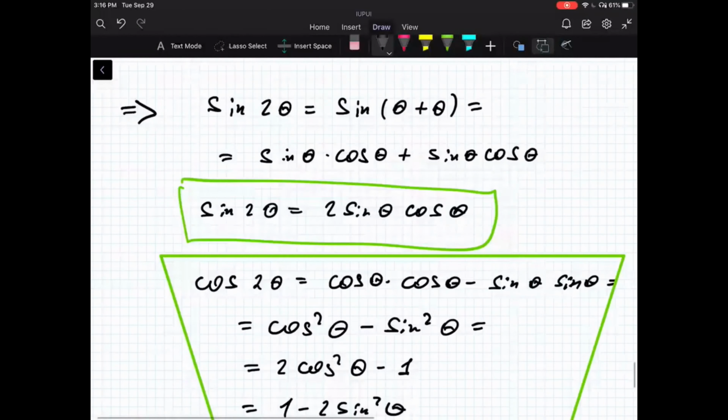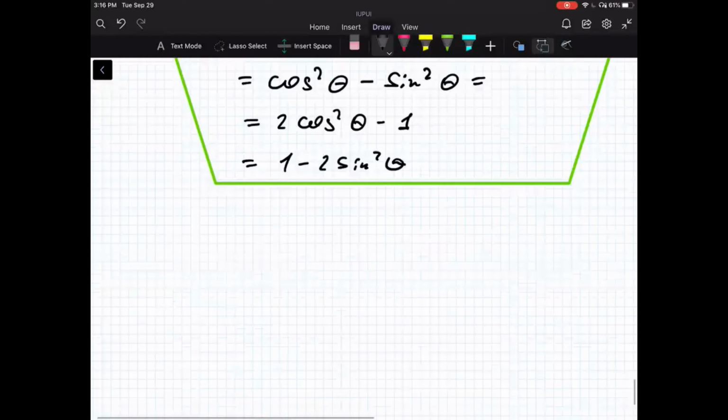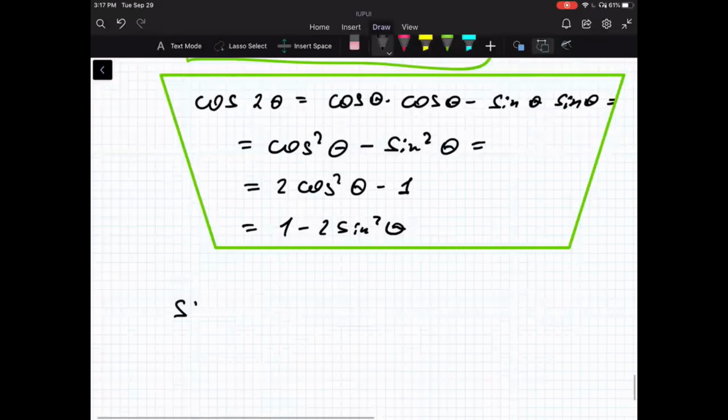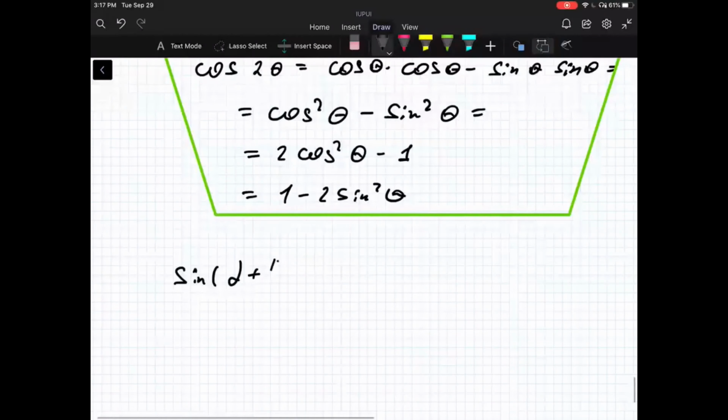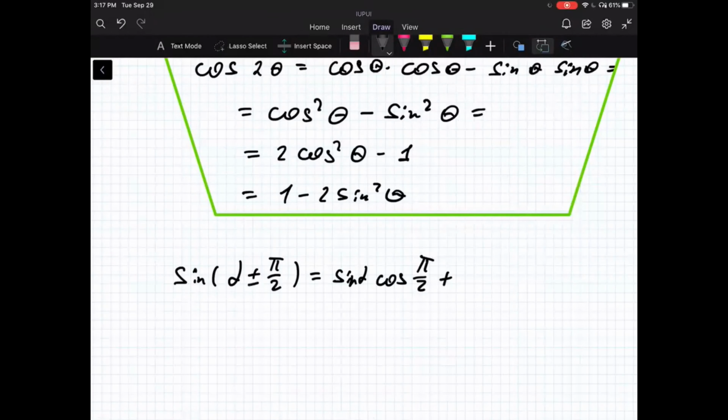And also, you can see the connection between sine and cosine. For example, sine of alpha plus minus pi over 2 will be sine of alpha cosine of pi over 2 plus minus sine of pi over 2 cosine of alpha.